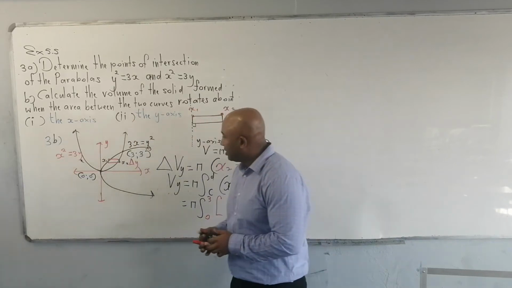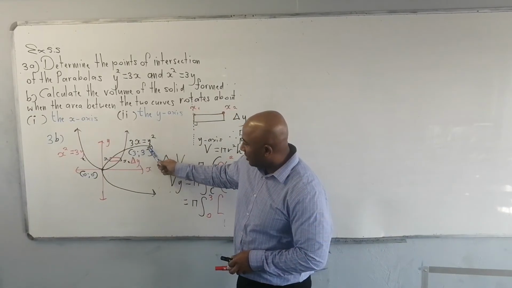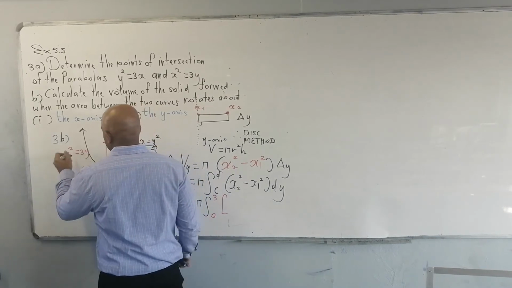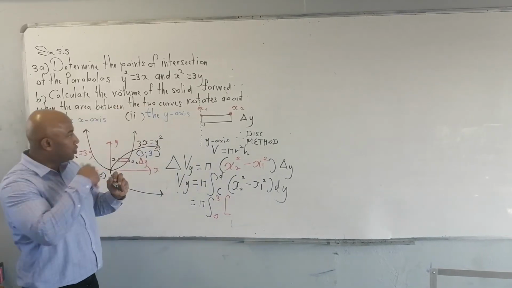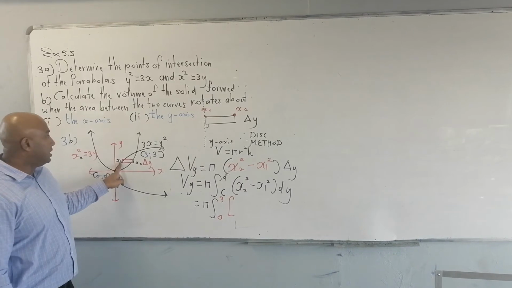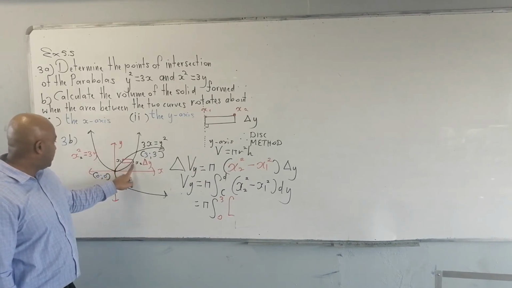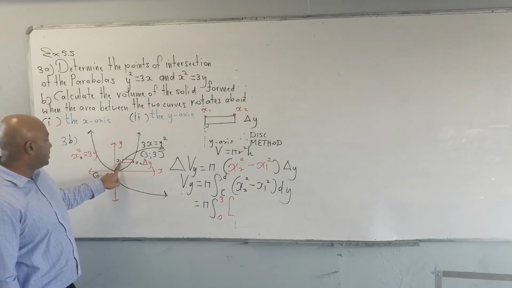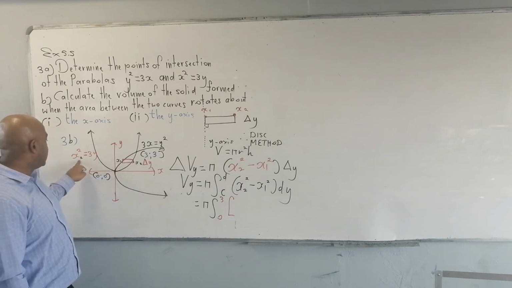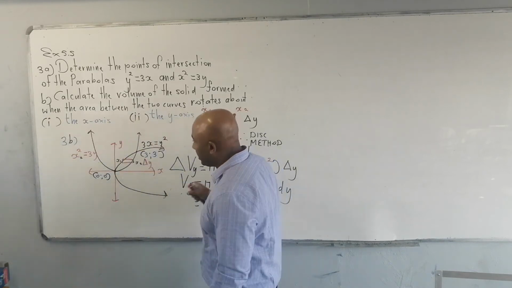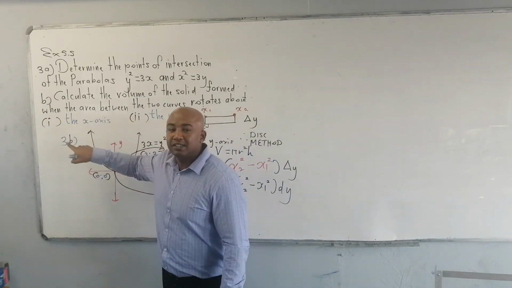Now let's go back. We call this one y1, so that's x1. So if this is y2, this is x2, because x2 is here. Okay, I call this one x2, and this one is x1. So x2 is here. So x2 squared. x2 is already squared.